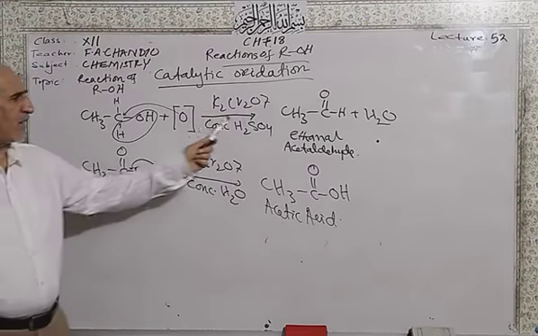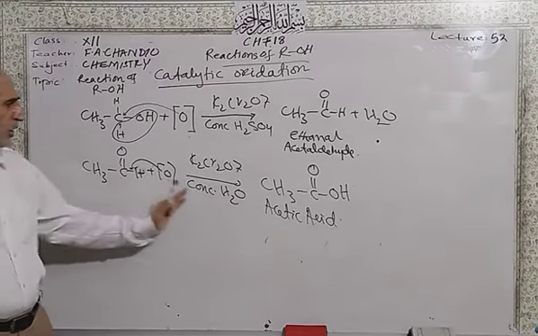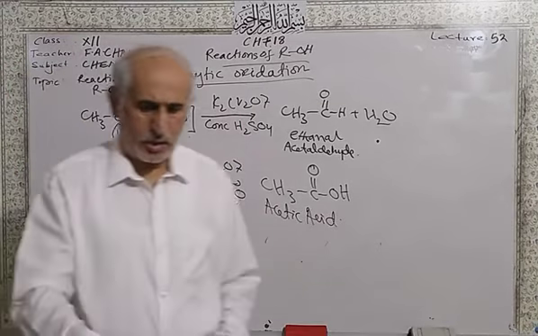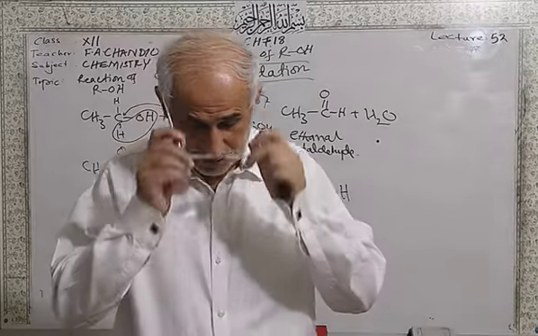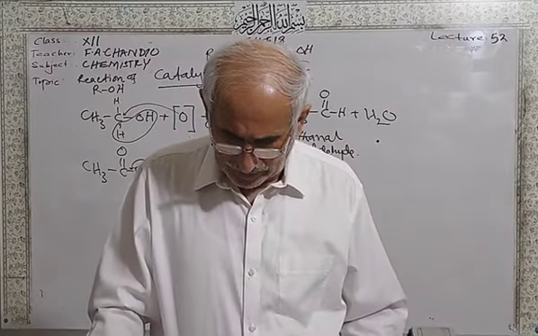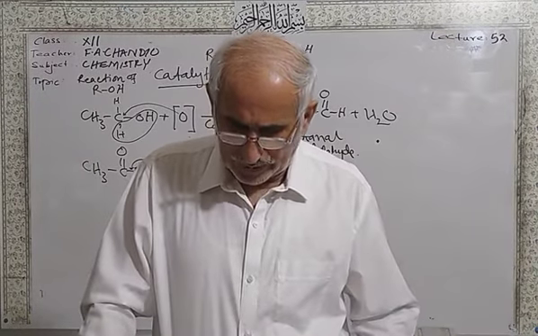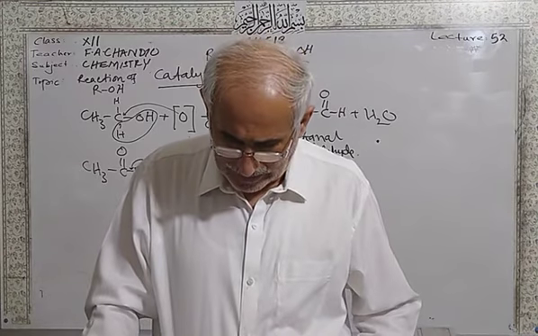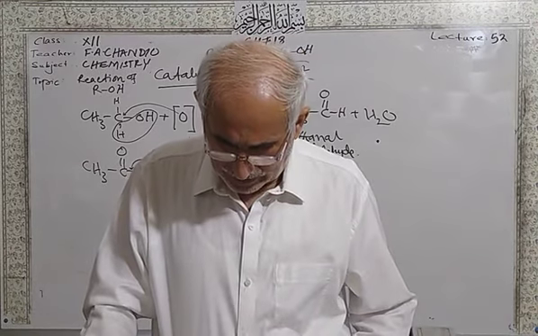So you can prepare from ethanol, and in continuation you will get acetic acid or ethanoic acid. These are the two chemical reactions in which you get the aldehyde as well as the acetic acid.